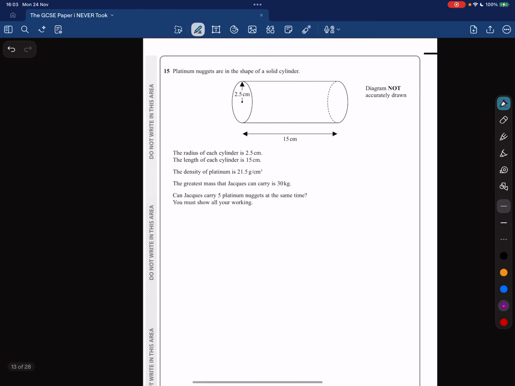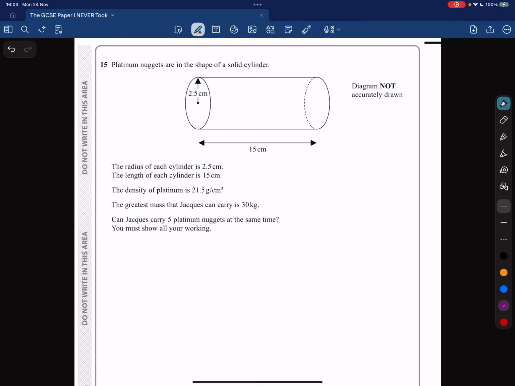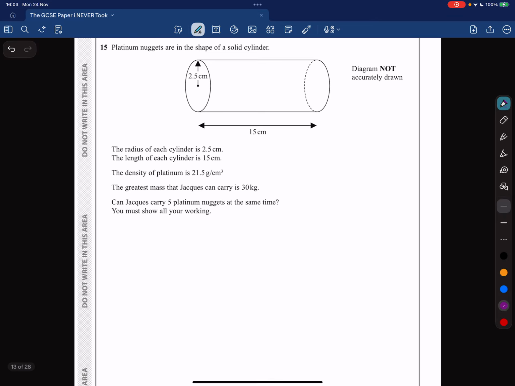Okay. The radius of each cylinder is 2.5 centimetres, the length of each cylinder is 15 centimetres, the density of platinum is 21.5 grams per centimetre cubed, the greatest mass that Jack can carry is 30 kilograms. Can Jack carry 5 platinum nuggets at the same time?